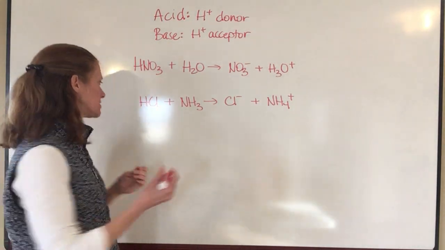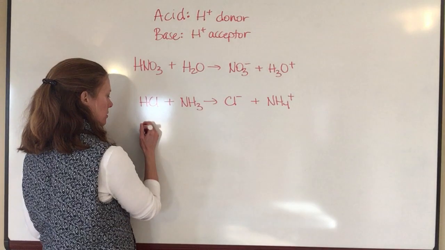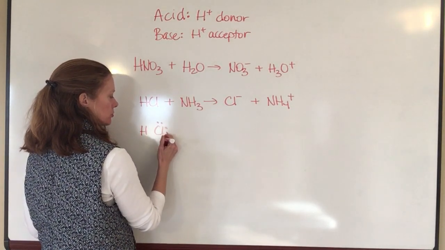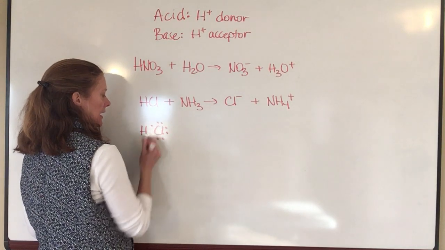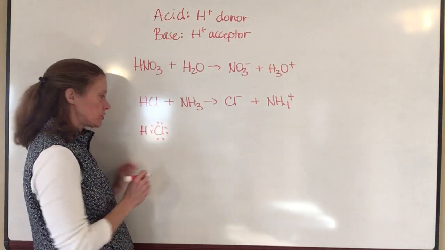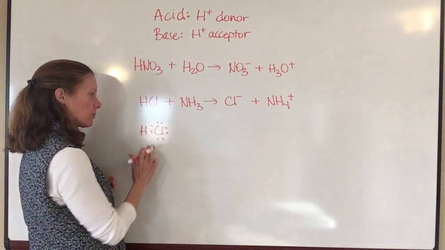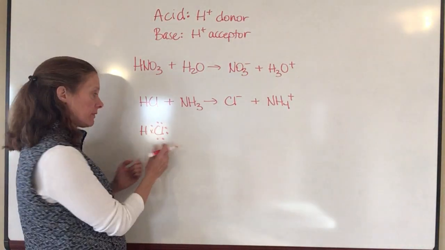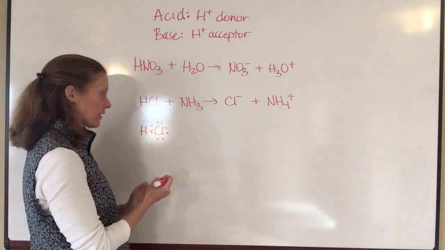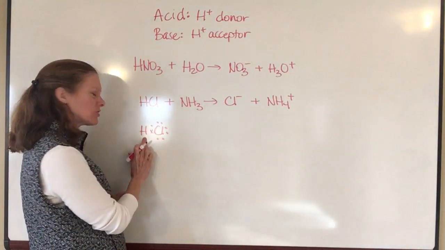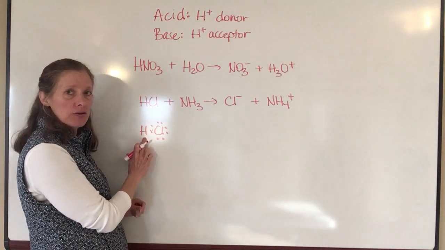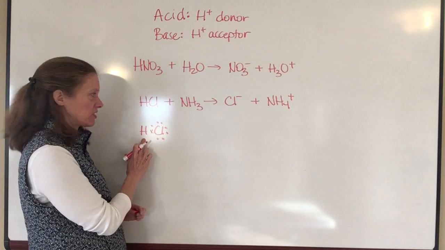So your chlorine has 7 electrons around it, and your hydrogen donates 1 electron to the bond, and so they are sharing this pair right here. Well, as we said before, chlorine is very electronegative, and so it wants to pull all of the electrons toward itself. So even though the hydrogen is sharing, it doesn't get these shared electrons very much of the time.